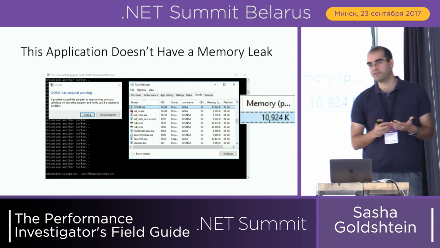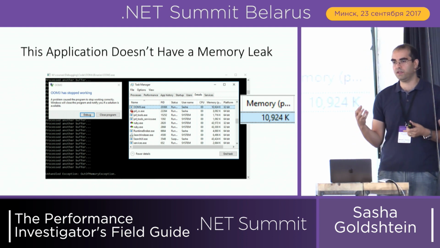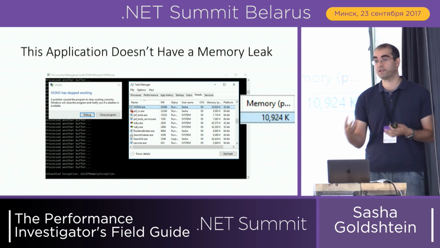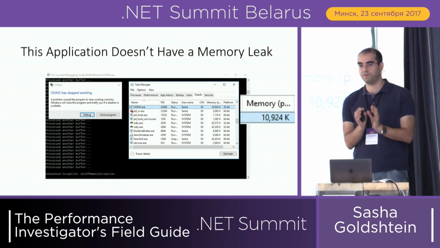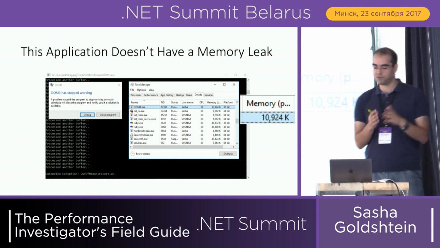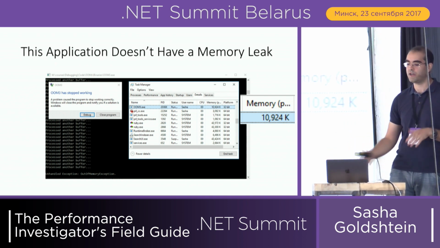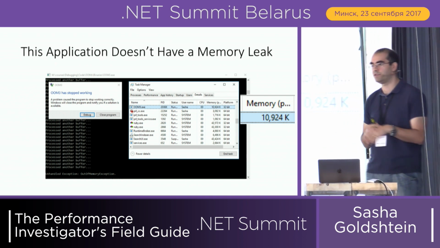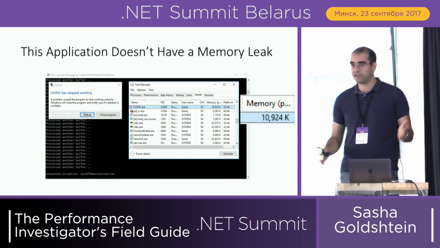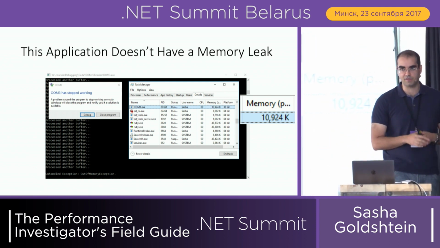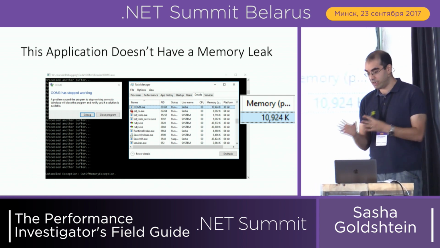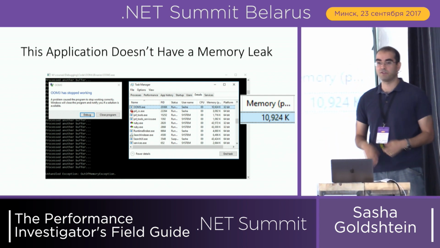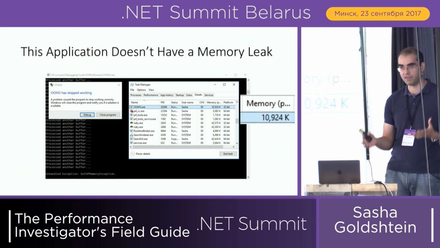And working set means memory that's currently in RAM, in physical memory. So it doesn't account for anything that's not in physical memory right now. Any virtual memory that's backed by the page file or memory mapped files or that kind of thing. So yeah, this application might only be using 10 megabytes of private working set, and it still might be out of memory because private working set is not the whole thing.